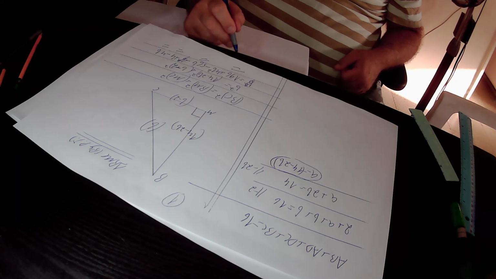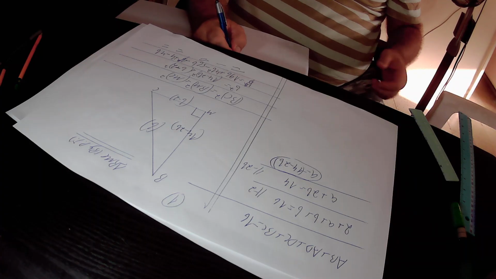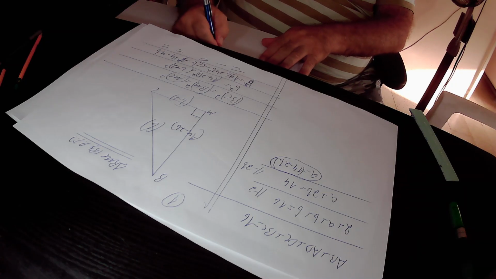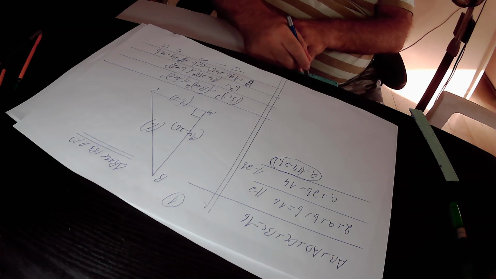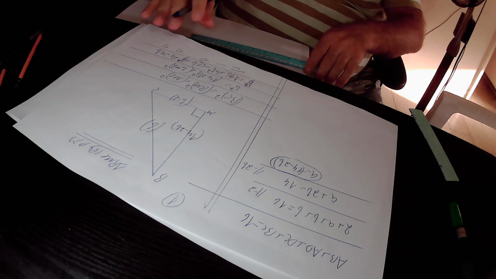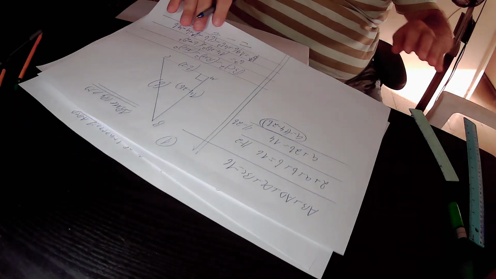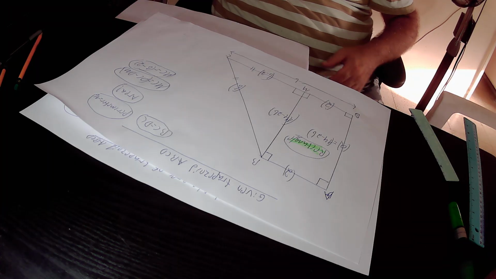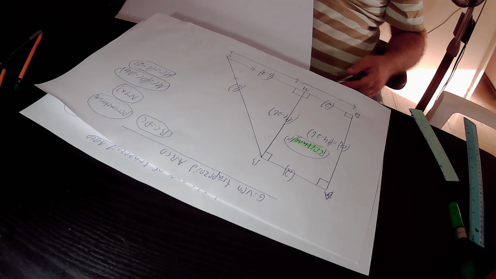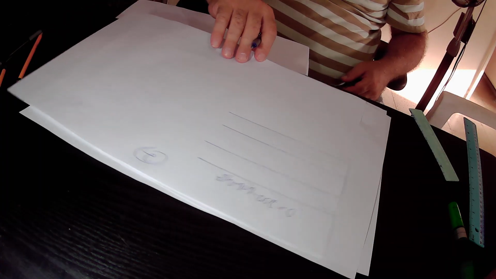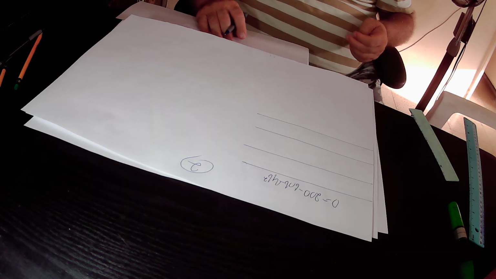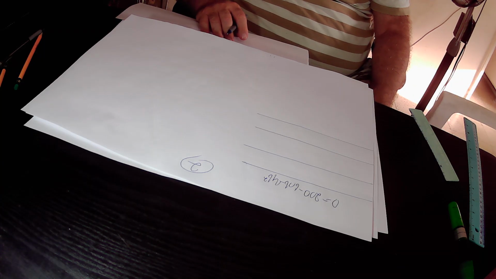And we have plus 4b squared. So in total, zero equals 200 minus 60b plus 4b squared.